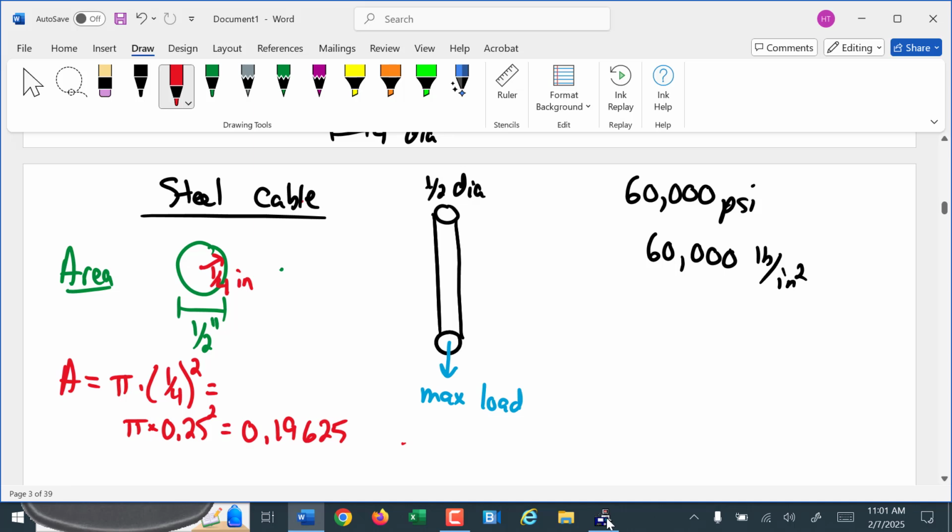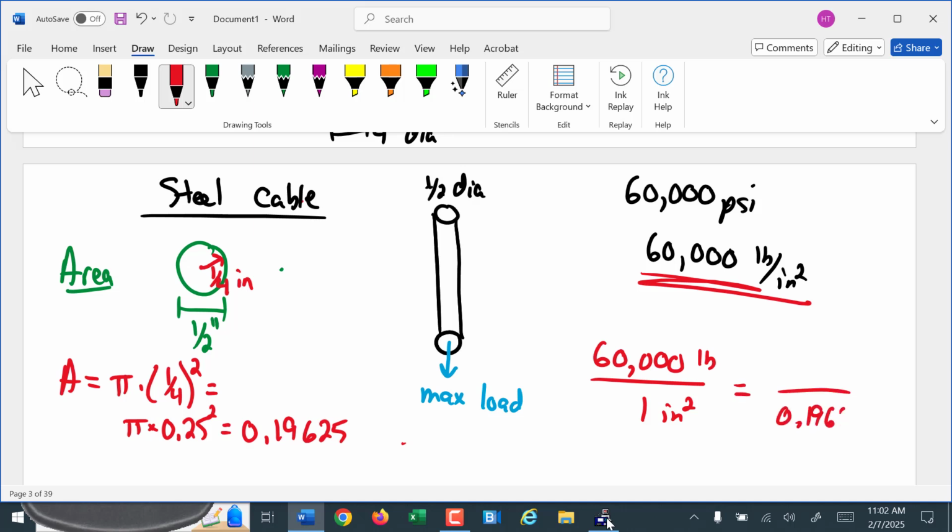To find the max load, then, we know that this is, as a rate, 60,000 pounds over 1 square inch. How much is that going to be for 0.19625 square inches? We cross multiply and divide.